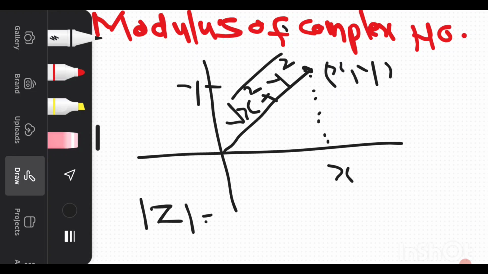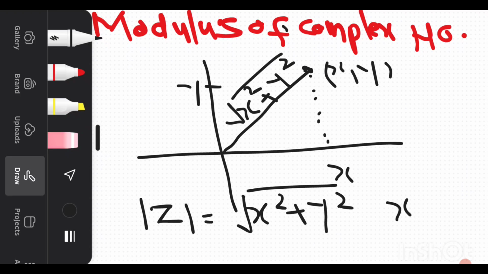So z modulus is equal to x square plus y square whole under root. So this is the modulus of complex number. Sometimes we denote it by xy pair modulus. We can also denote it by this sign. So what does the modulus of complex number say?